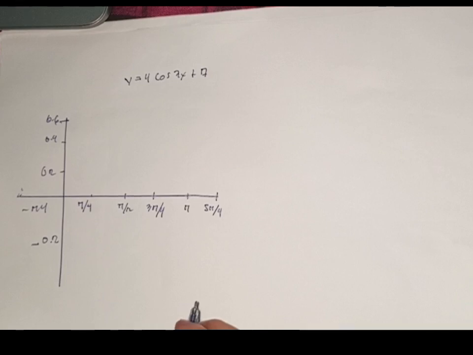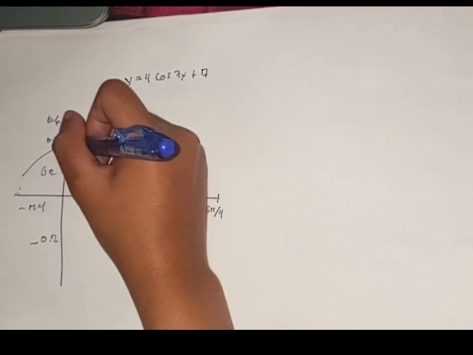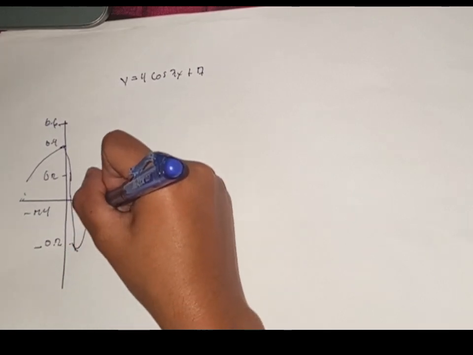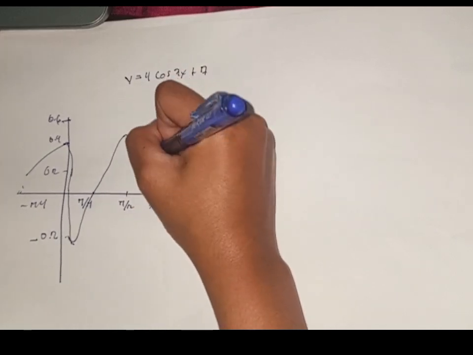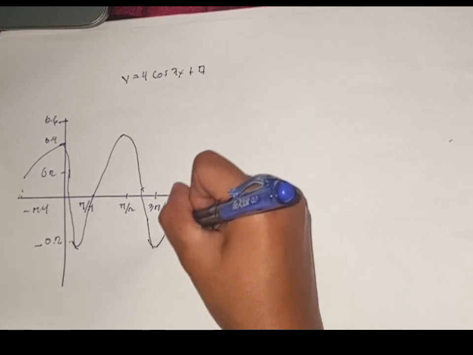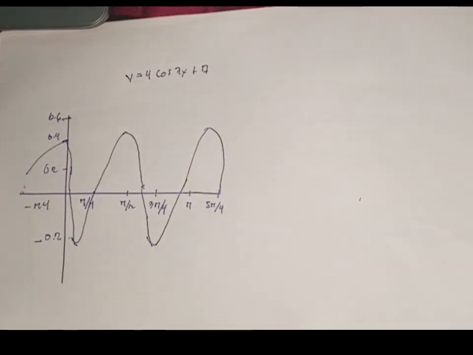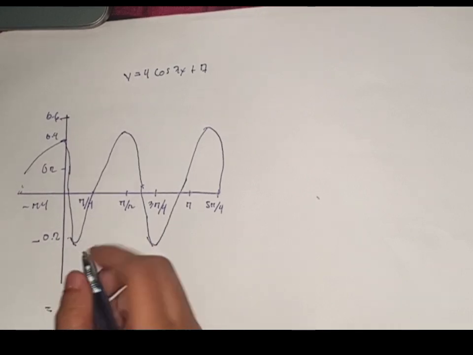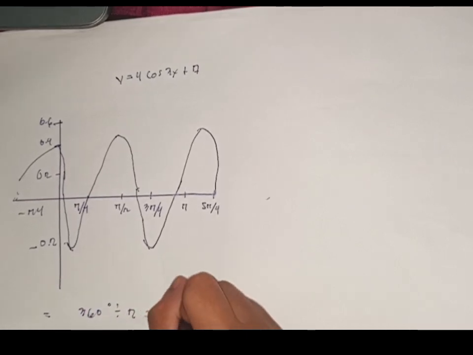So we bend down, raise the midline, back to the maximum, back to the midline, and down again to the minimum, back to the midline, and to the maximum, back again to the midline. So the number of waves is equal to 2. Each wave has a period of 360 degrees divided by 2, so it equals 180 degrees.